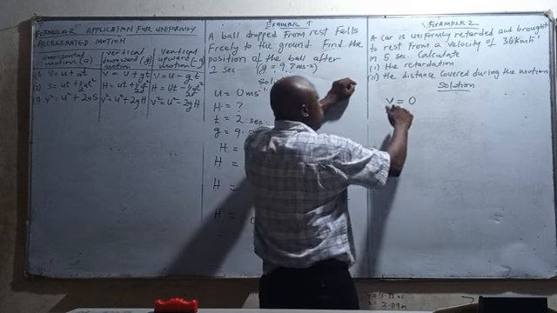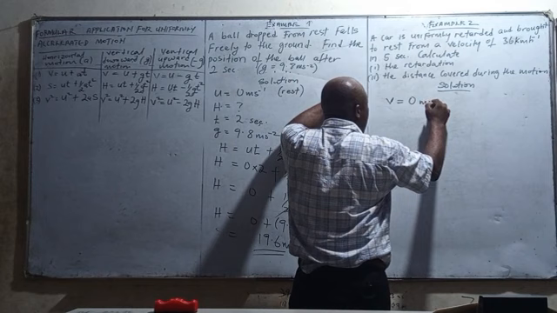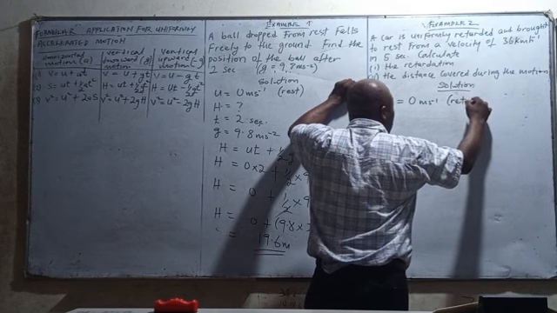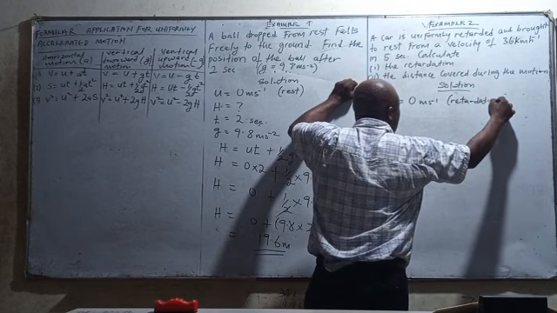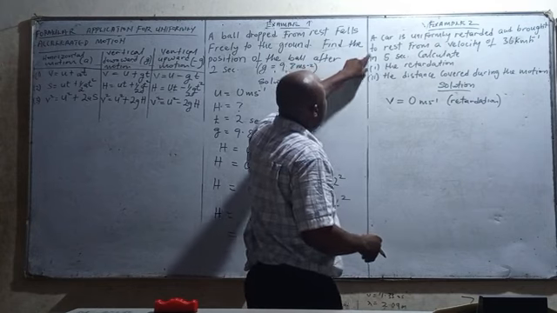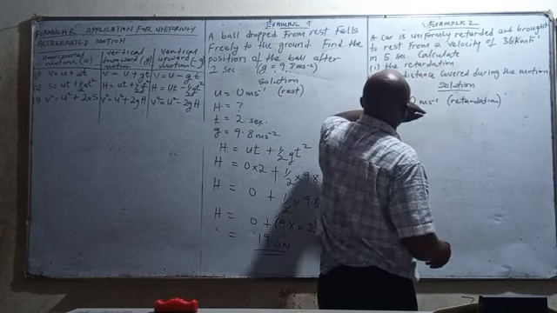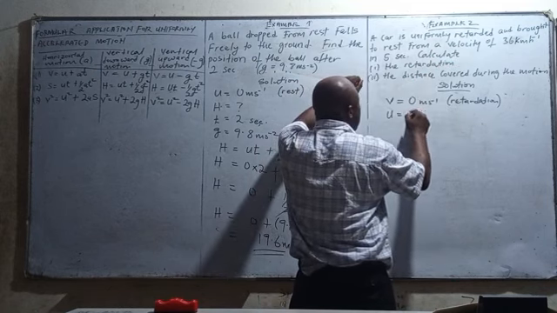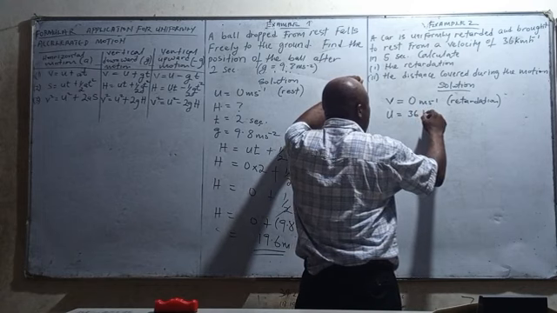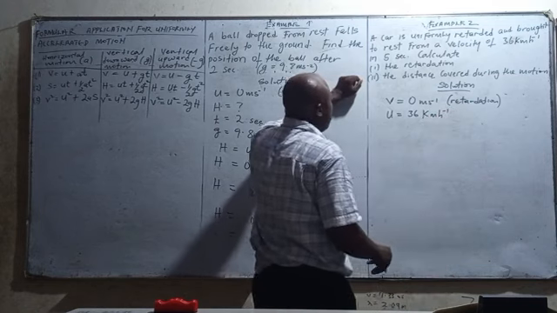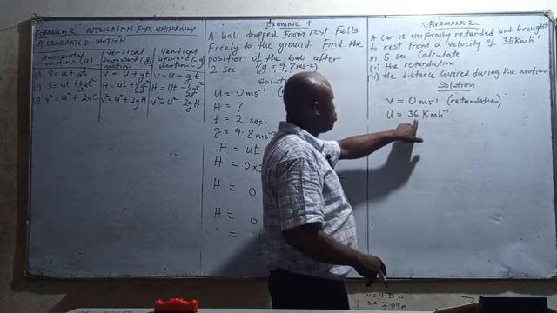Our final velocity is usually 0 meter per second when it is retardation. So note that v is 0. And we are told that it was brought to rest from a velocity of, so our initial velocity u is 36 km per hour. Now we have a job to do here.